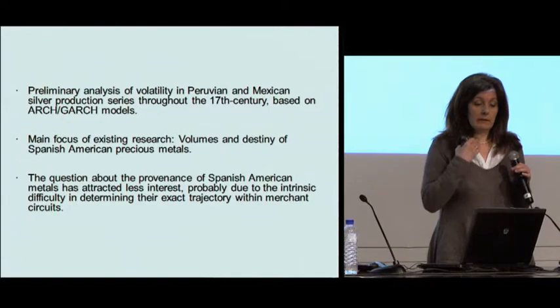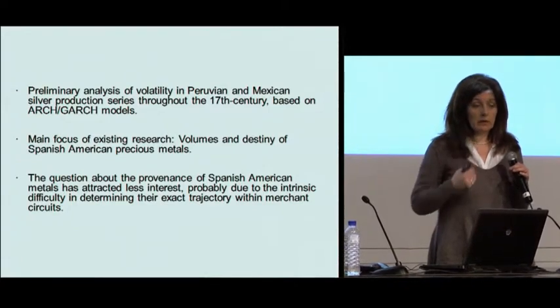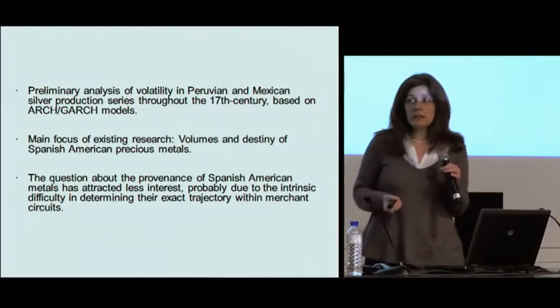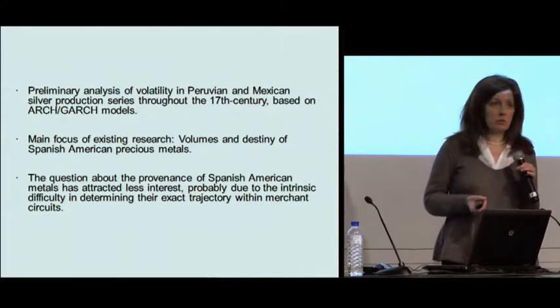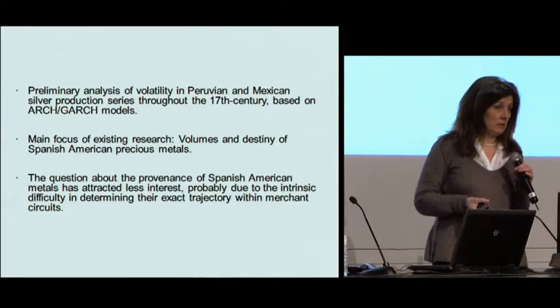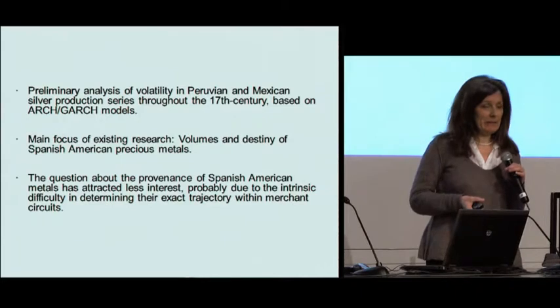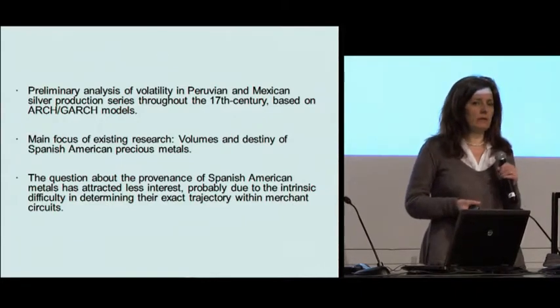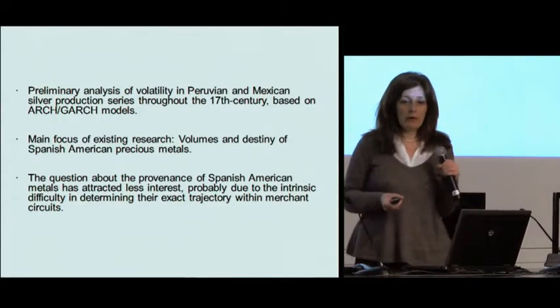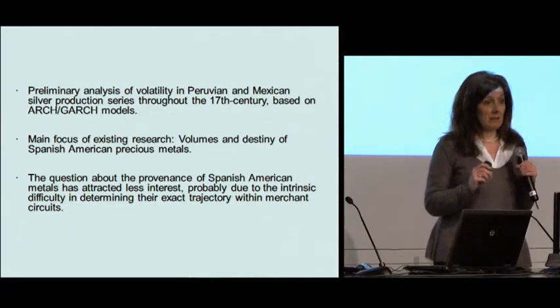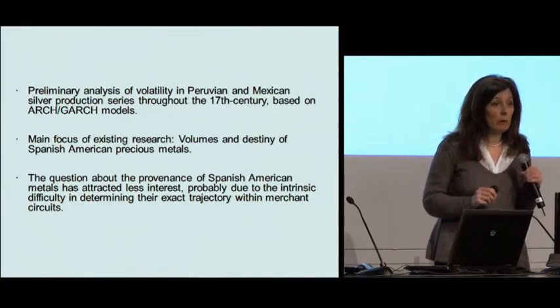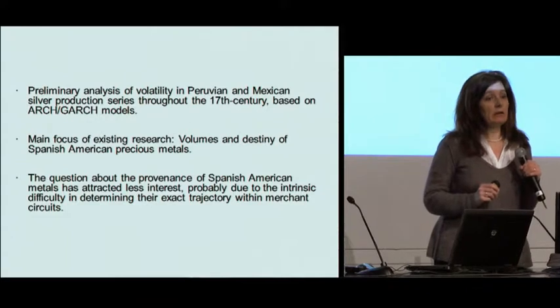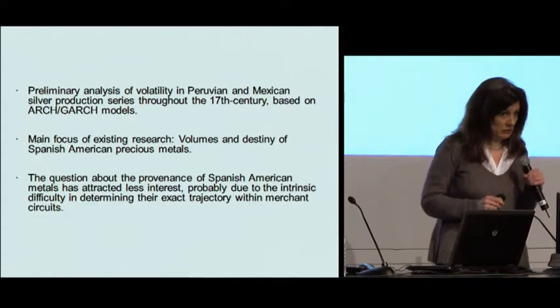And I feel this is very important because I've been studying the development of exchange rates in 17th century Castile, and I believe that merchant circuits play a very important role in determining the copper to silver exchange rate.